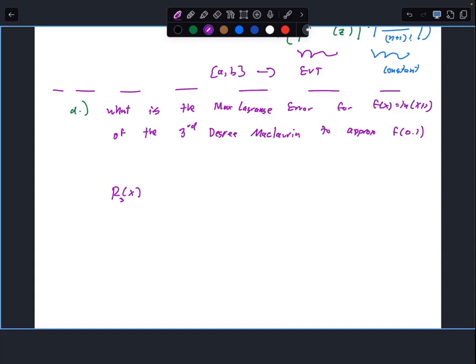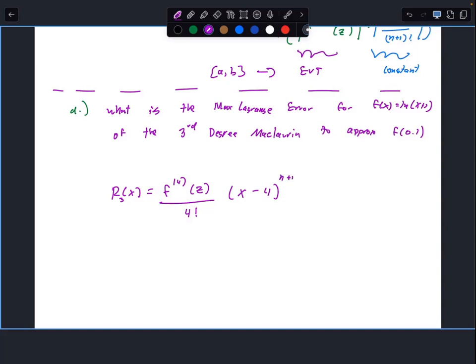R3 of x is going to equal the fourth derivative of z over 4 factorial times x minus 4 to the n plus 1.